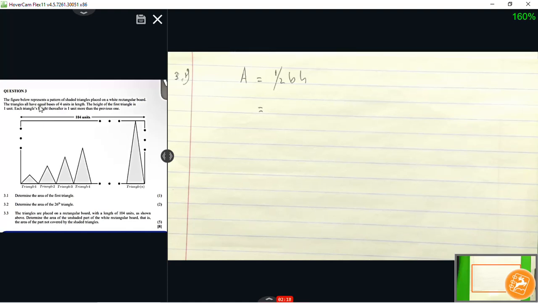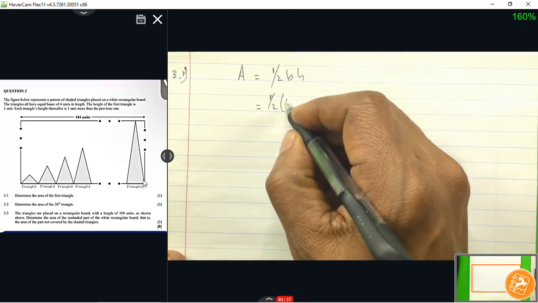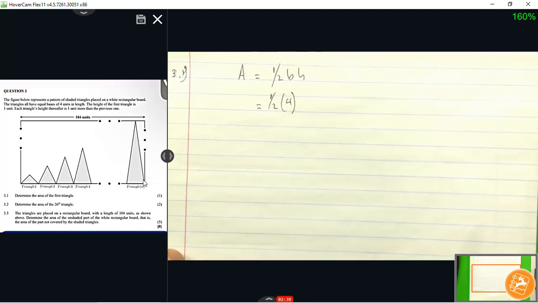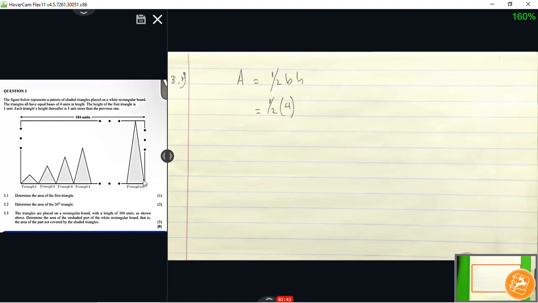They all have equal bases of 4 units in length. So it means now I have information. Each of these have the same base measure. So I now know that I have a 4 for any of the triangles. So I'm left with what? With H now.